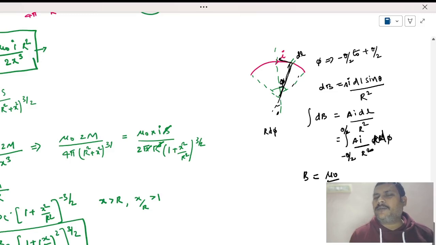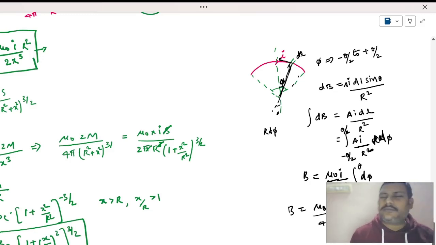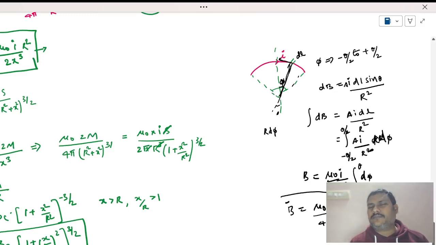Mu naught by 4 pi, I and r come out, leaving the integral of d phi from minus theta by 2 to theta by 2. So B is equal to mu naught I by 4 pi r into theta. This is the answer, where theta is the angle of the arc. Simple.